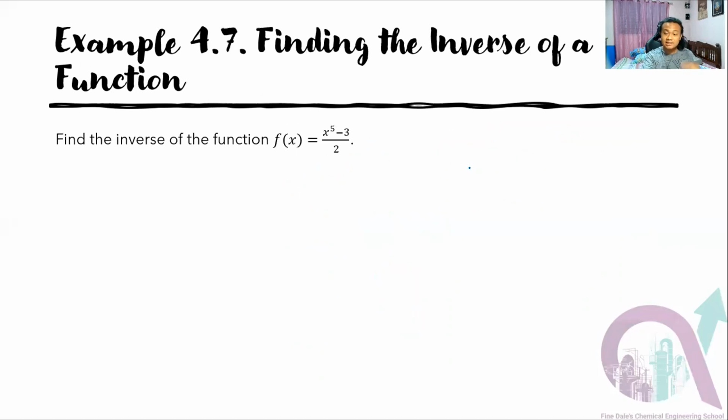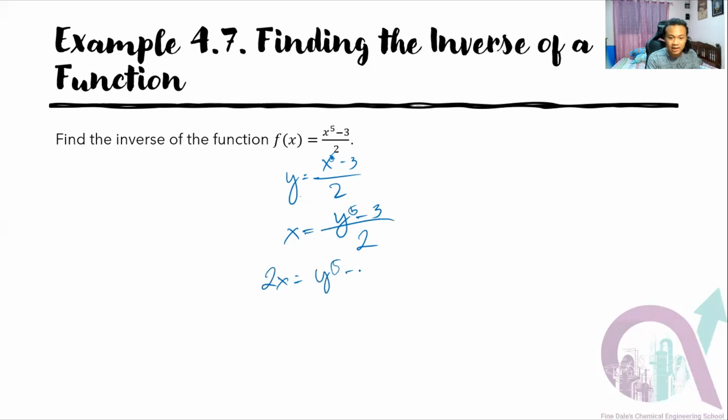That's it. Next example, so we have the inverse. Same as before, y equals x to the 5th minus 3 over 2. Okay? So, interchange y and x again to force the finding of the inverse. Okay? So, we have 2x here, di ba?